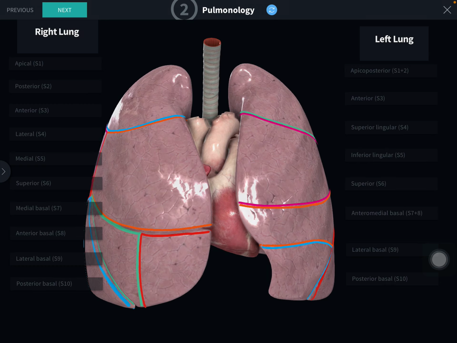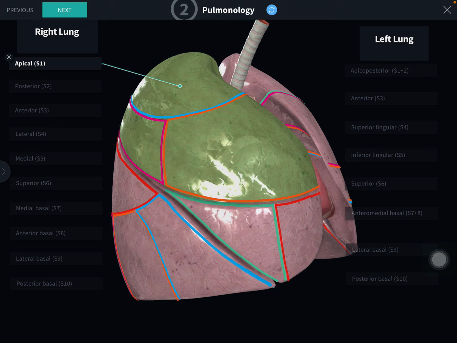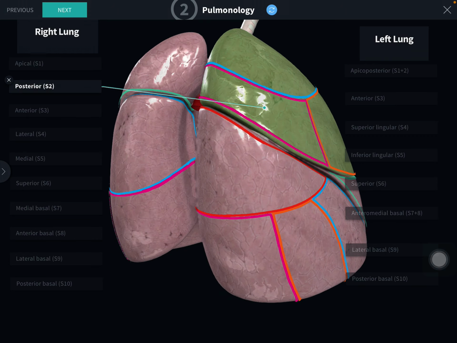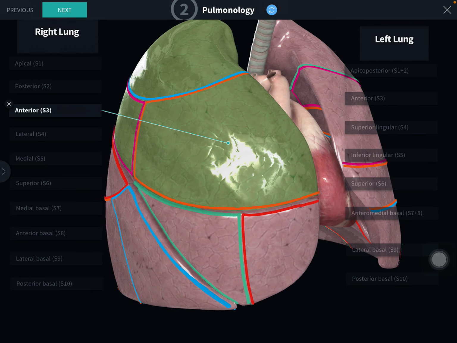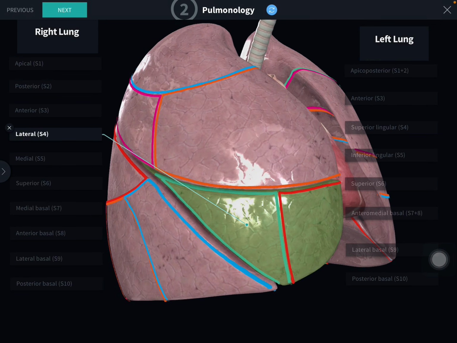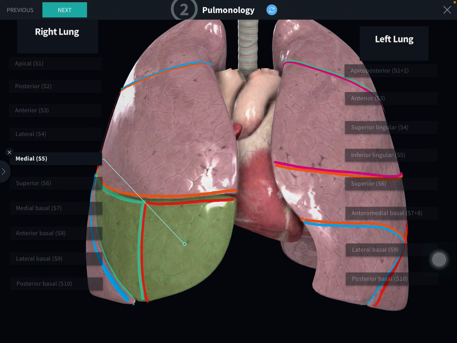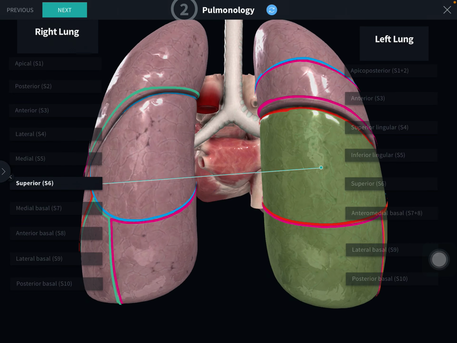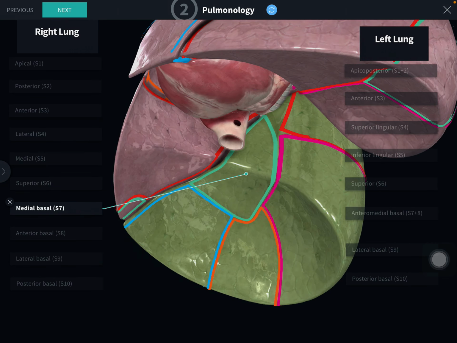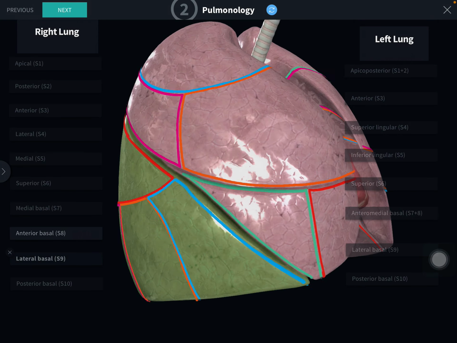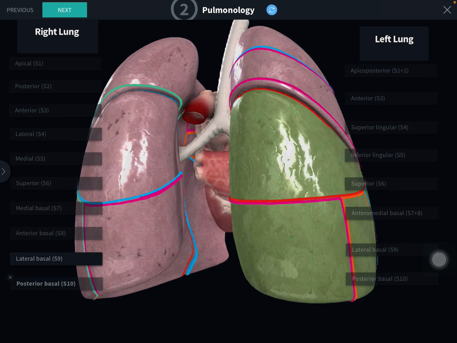Now we will label this. In the right lung we see apical, posterior, anterior, lateral, medial, superior, medial basal, anterior basal, lateral basal and posterior basal.